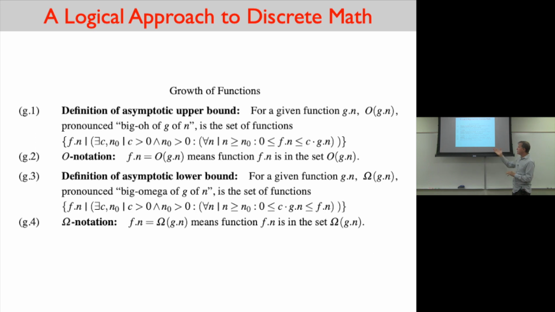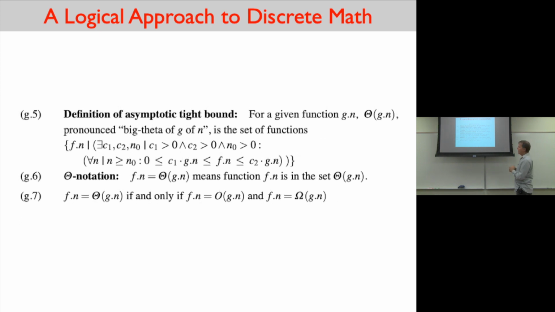And then the definition of asymptotic lower bound, big omega, is the reverse. And then the definition of big theta is that it's both big O and big omega, right? So those are the definitions.